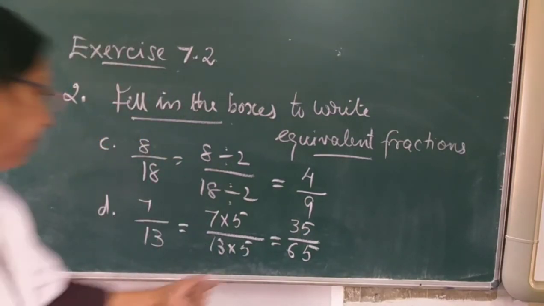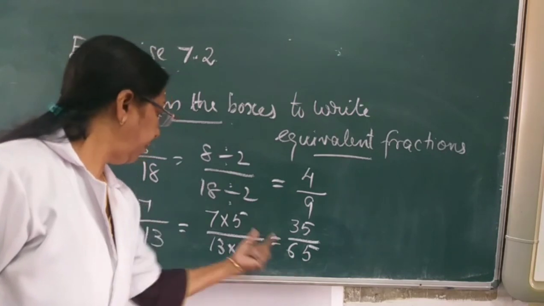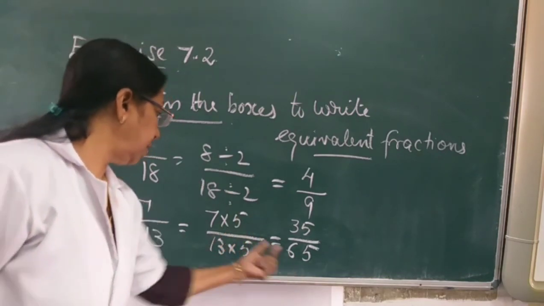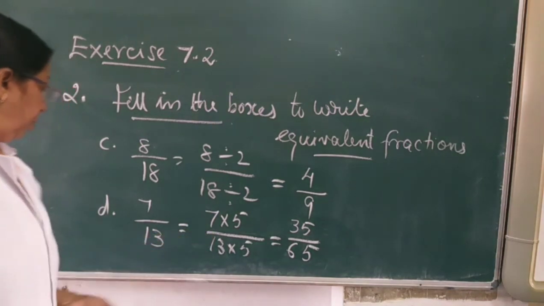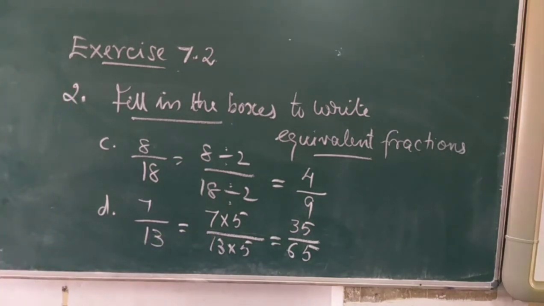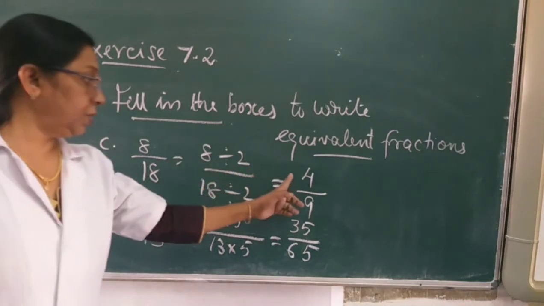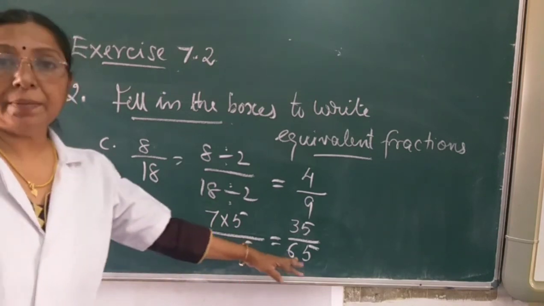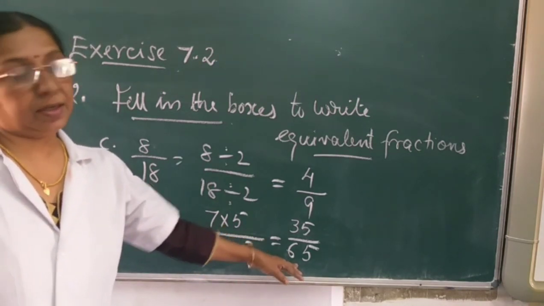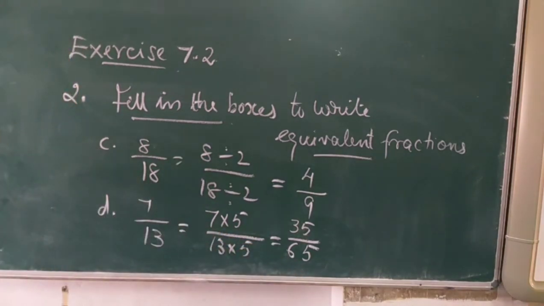This is a bigger one, no? We got this fraction by multiplying 7 by 13 with 5. Okay. Understood, children? 8 by 18 we got smaller after division. Here we multiply to get a bigger equivalent fraction. Okay, children.